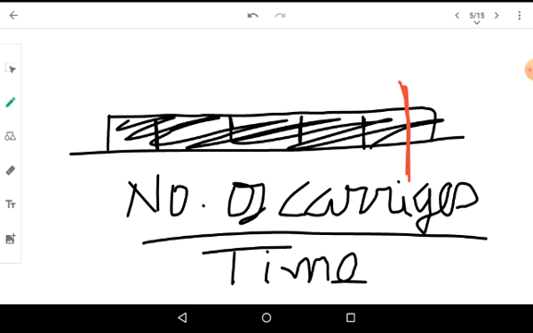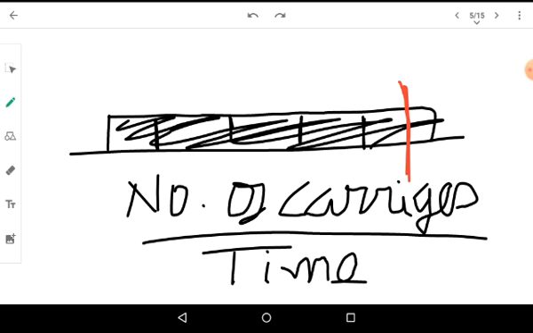The question I can ask is, what is the frequency of carriages? So the frequency of carriages would be the number of carriages passing through in unit time. Let's say there are 15 carriages that pass the pole in 5 seconds. So what will be the frequency? 3, right? So we have to do it like that.